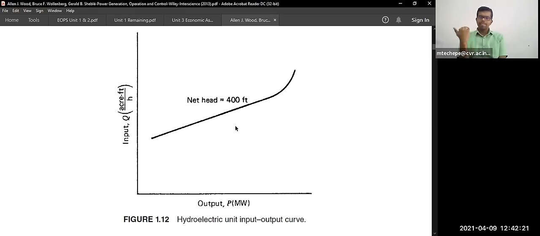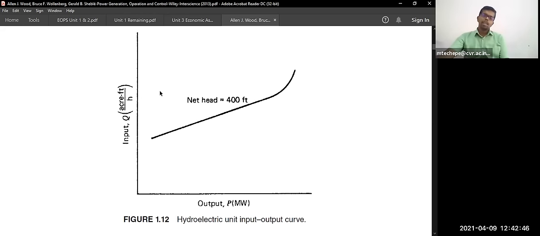The velocity inside is from 120 kilometer per hour to a maximum of 150 kilometer per hour, which is the maximum speed of a train. At that much speed, the water is hitting the turbine.